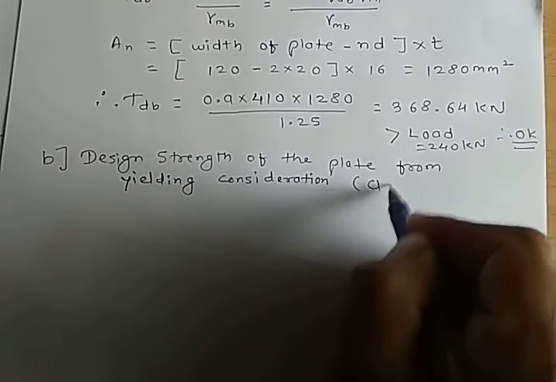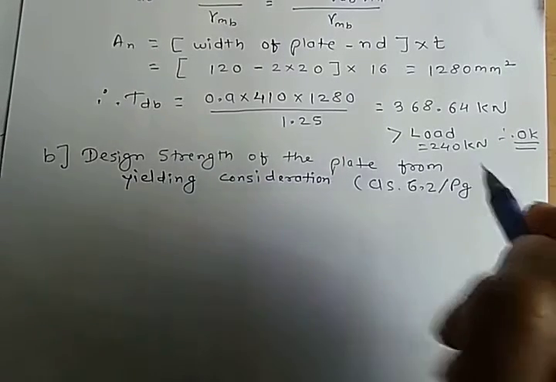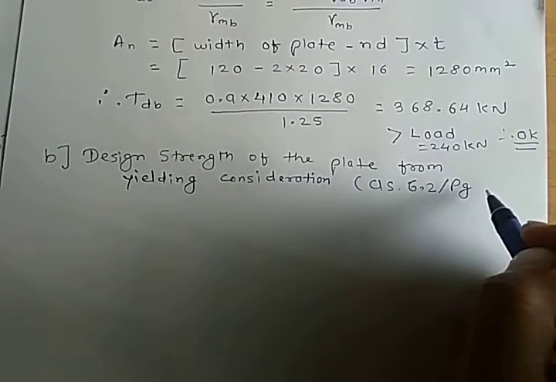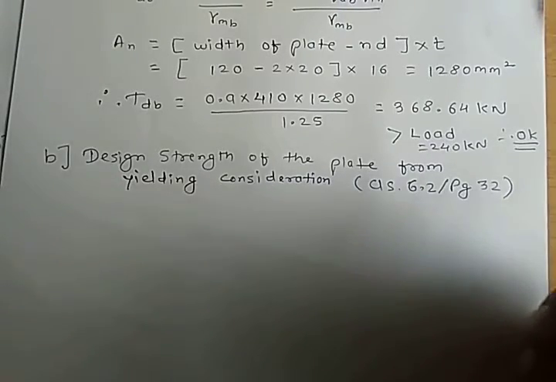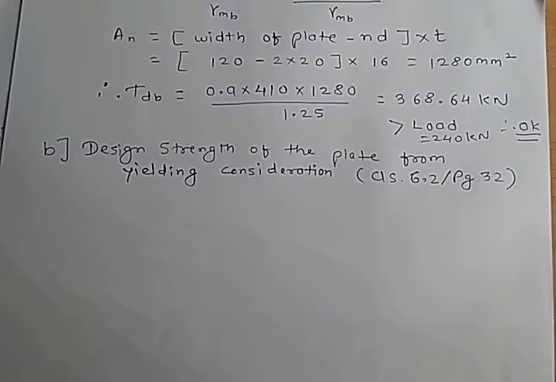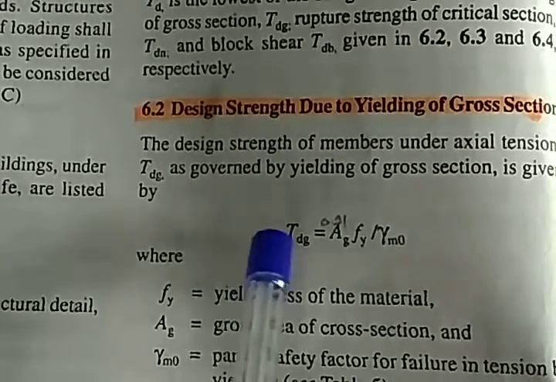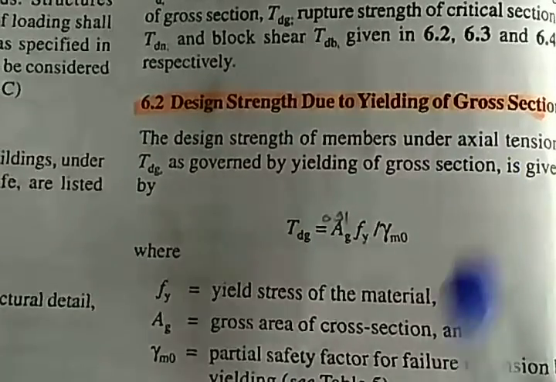That is again from clause number 6.2, page number 32. So design strength due to yielding of cross section.